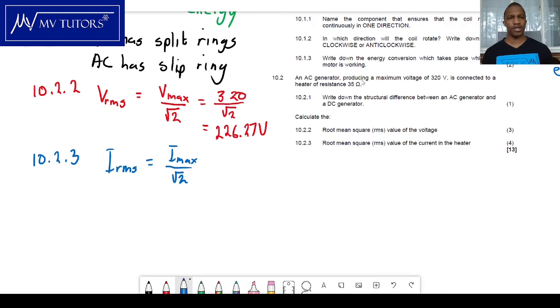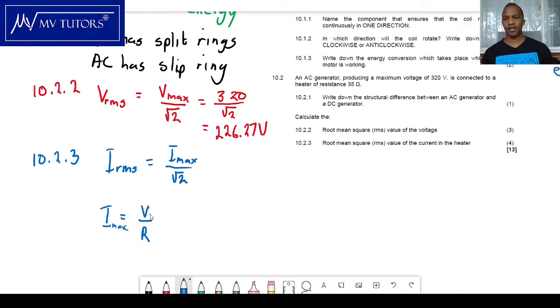Let's go see. No, we're not given maximum current, but we can calculate it according to Ohm's law. Okay, we can calculate it according to Ohm's law, and Ohm's law just says if you manipulate it, it's I is equals to V over R.